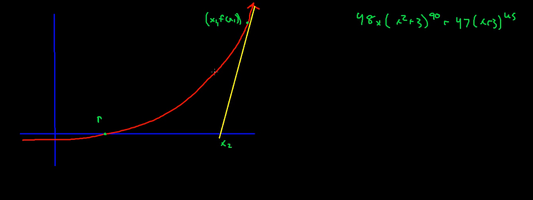And then put this point, x2, f of x2, in. So now he found this point, and then he's going to take the tangent line of this again, and he gets another point, x3.